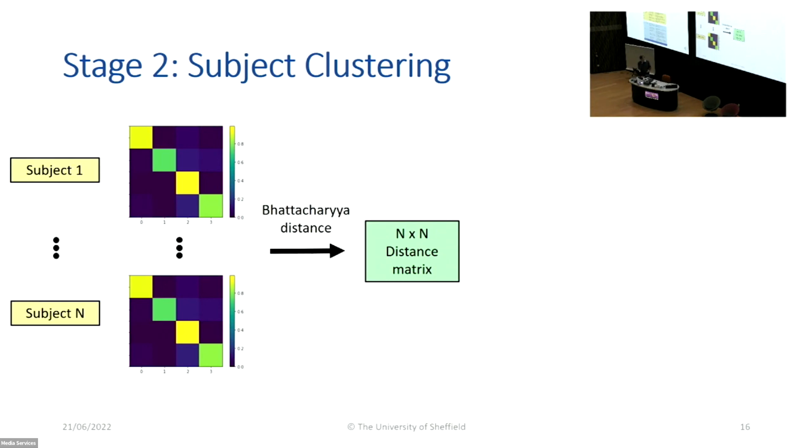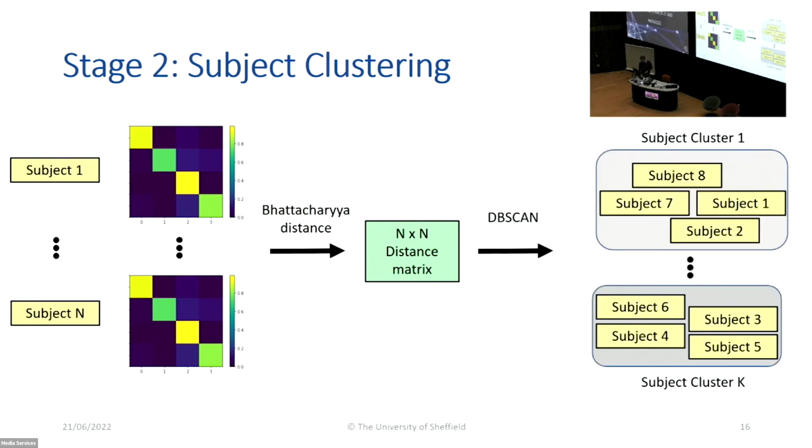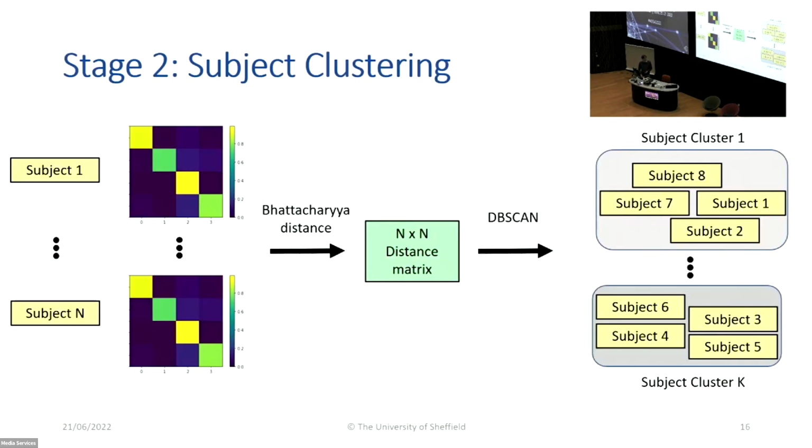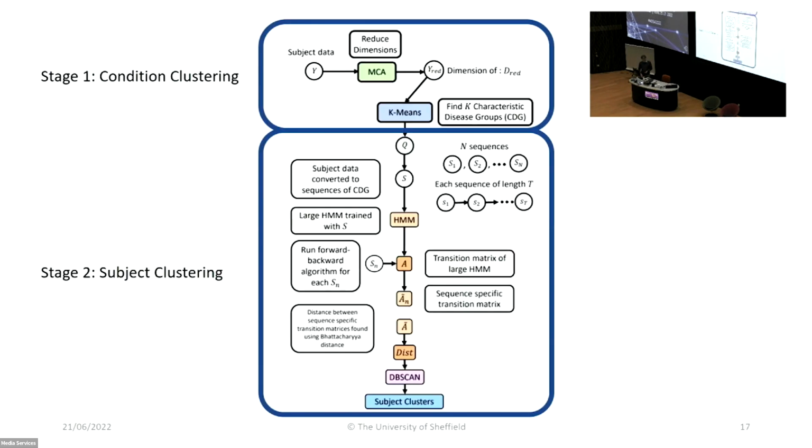We then compare all these transition matrices using the Bhattacharyya distance measure and produce an M by N distance matrix. This distance matrix is then fed into the DBSCAN clustering algorithm, and we finally produce subject clusters. Each subject is placed into a separate cluster. This is the entire pipeline in detail, and the 2 stages are separated out.